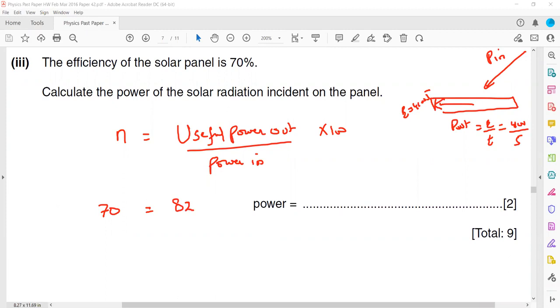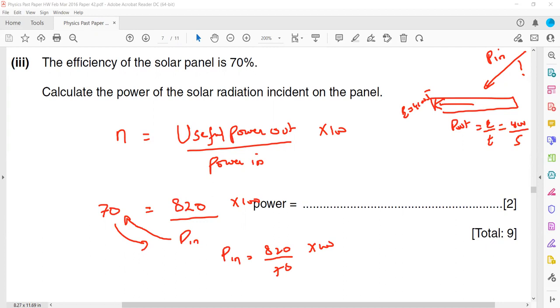So power output is 820, and the input we are finding, how much is coming from the sun, times 100. When we simplify, power input will move there and 70 in division. So power input is equal to 820 divided by 70 times 100. So 820 multiplied by 100 divided by 70.